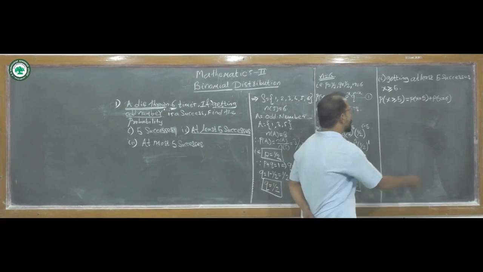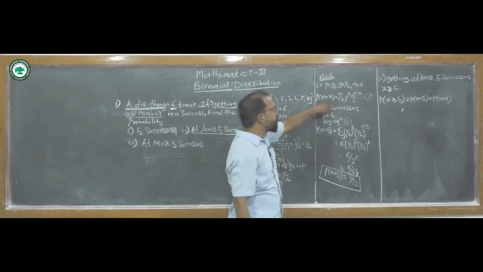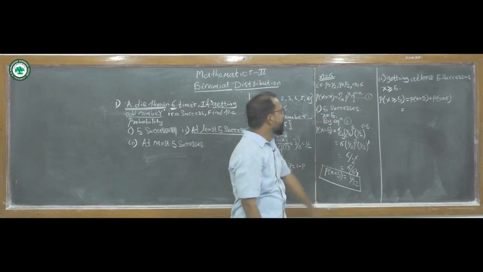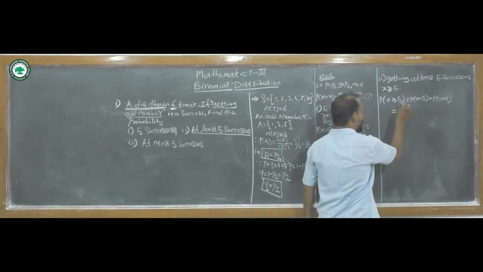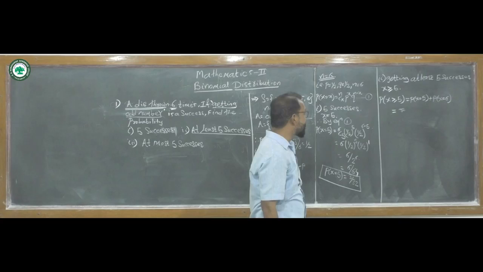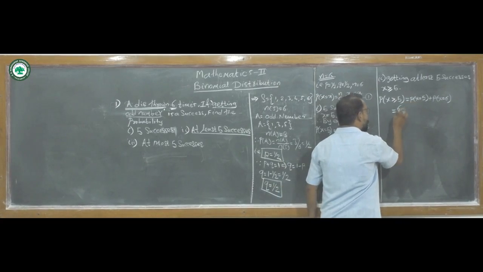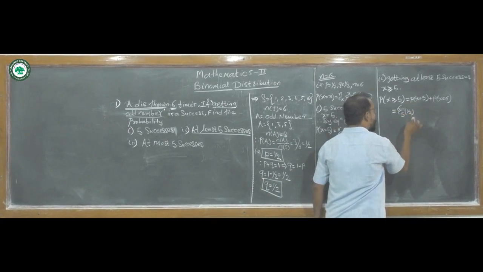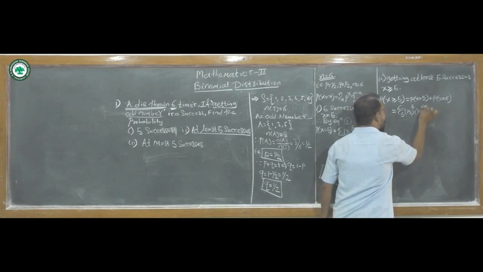Now putting the values of x and other known values in equation 1, we get the probability of x greater than or equal to 5, that is getting at least 5 successes, is given by 6C5 (1/2)^5 into (1/2)^(6 minus 5).